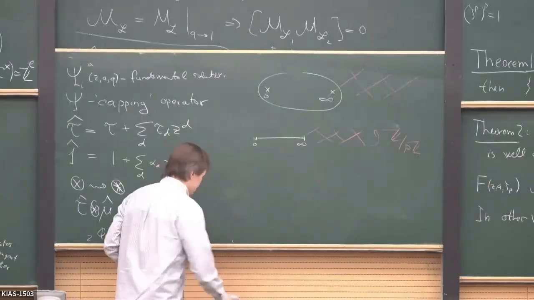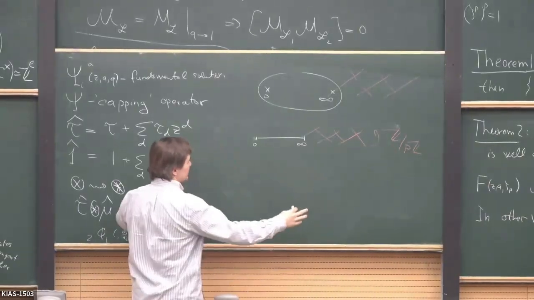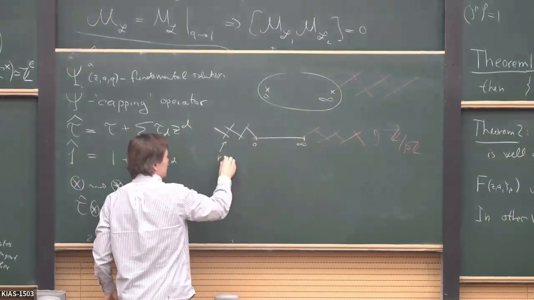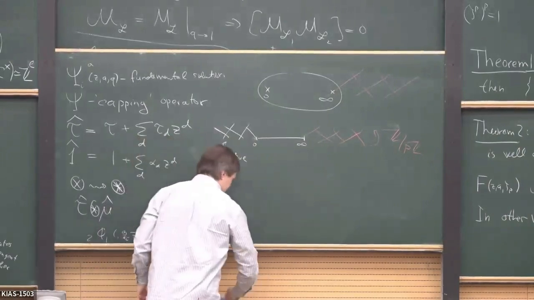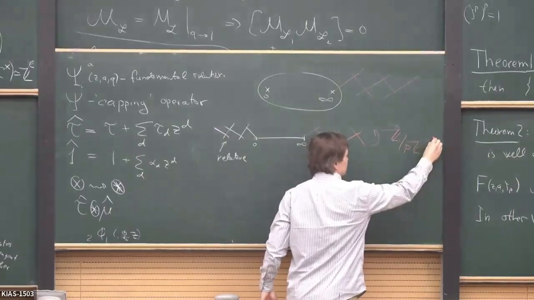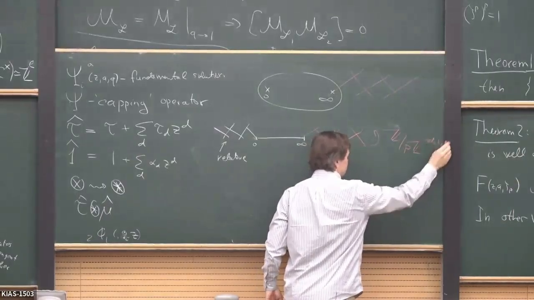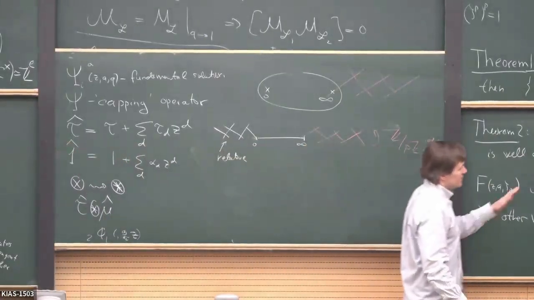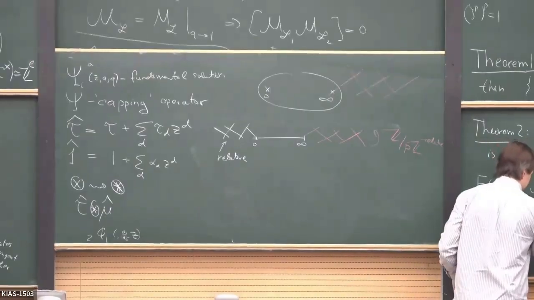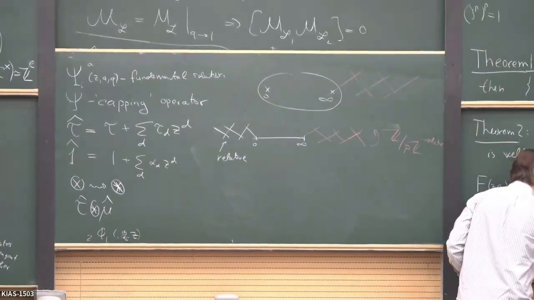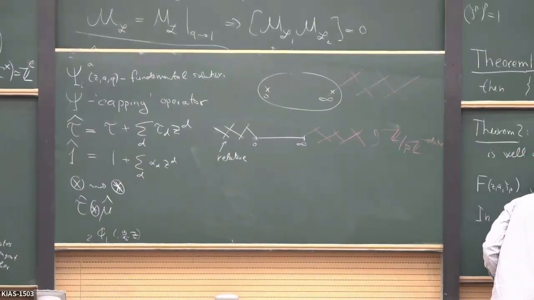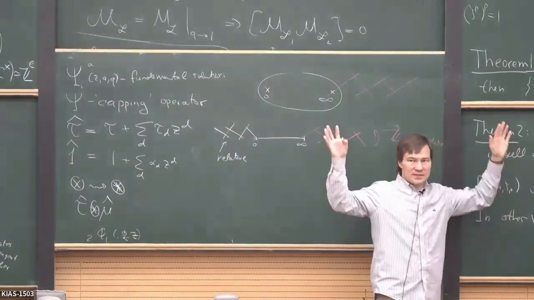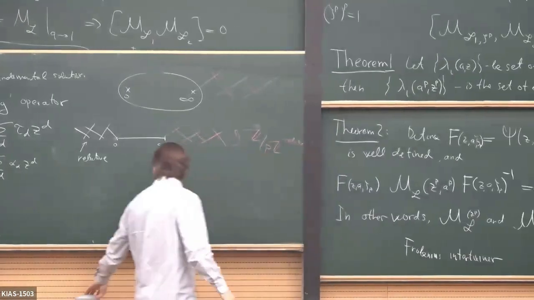And that operator f tells you that here you have normal relative conditions, and here you have z mod p relative conditions. You can construct such an object. This is what in number theory is called Frobenius intertwiner. Well, this is not exactly the Frobenius intertwiner yet, but it will become one once we take the limit, which I'm going to talk about now.